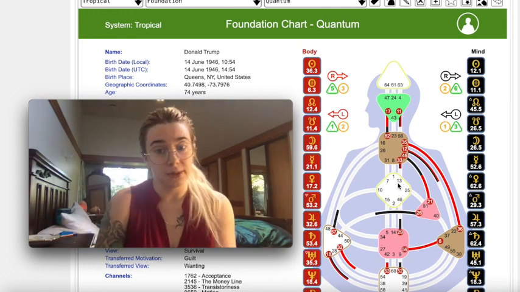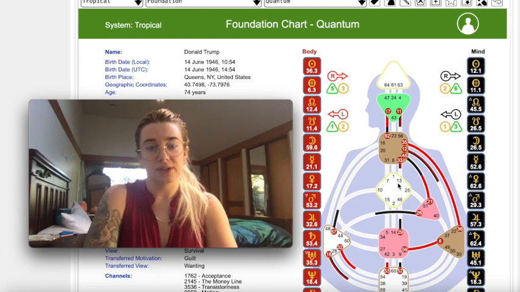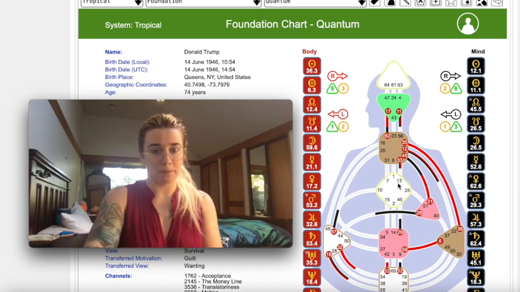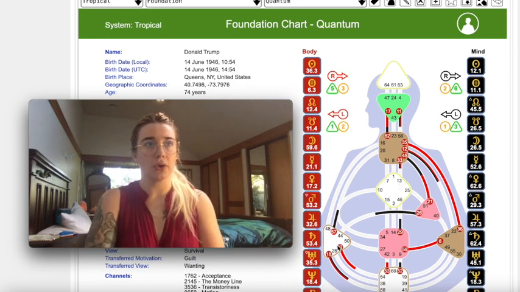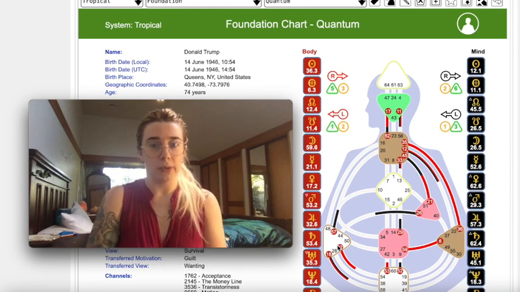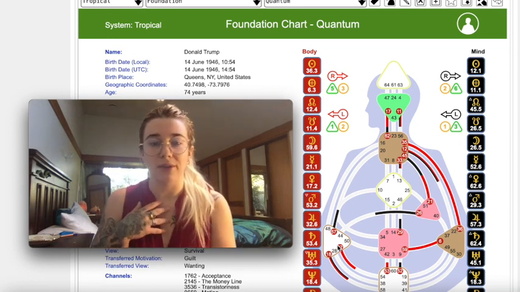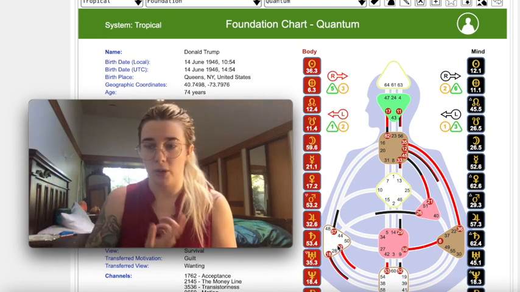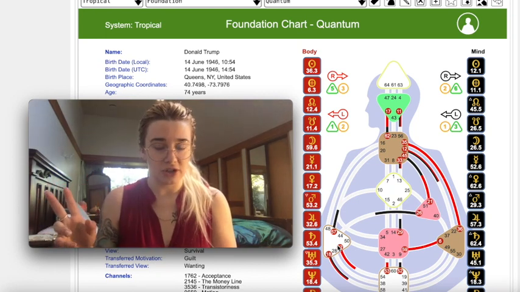It just develops. Now, something else that I do just want to talk about is the spleen, this triangle here. So the spleen is responsible for our health, our lymphatic system. It also is the center that harbors fear and intuition.